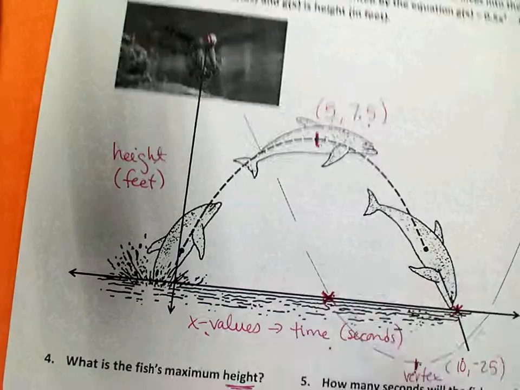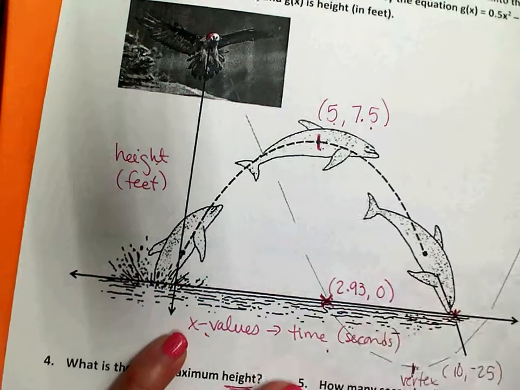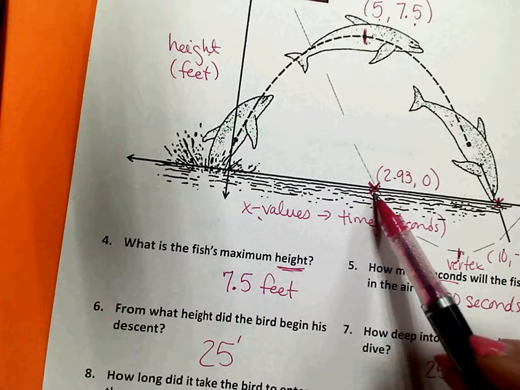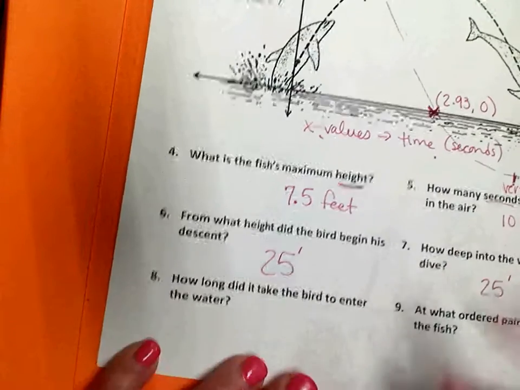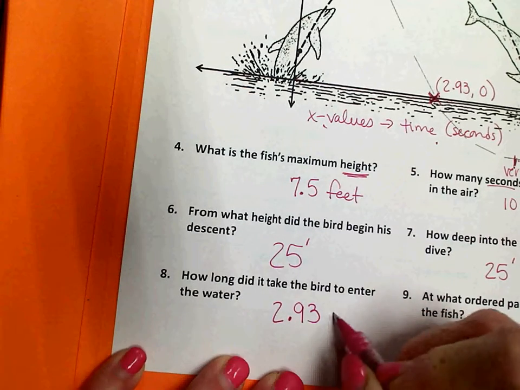So this point, 2.93, comma 0. The question is, how long did it take for the bird to reach this point? The answer is 2.93 seconds. So almost 3 seconds, but I would go ahead and leave it at 2.93 seconds.